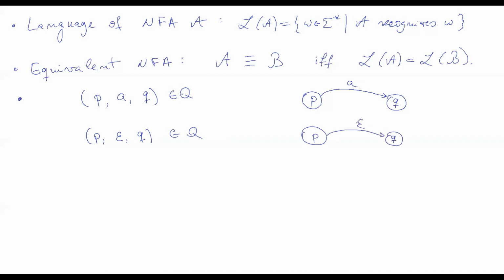So this is the graphical representation. We are going to use this quite a lot when we give examples. These are the main concepts I want to introduce, and now I want to give a couple of examples.